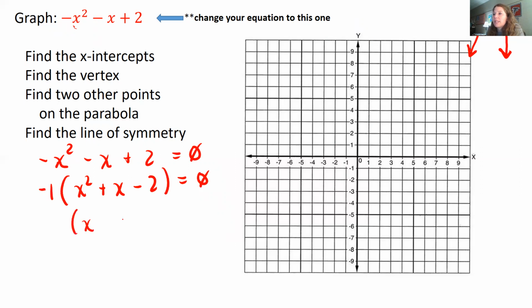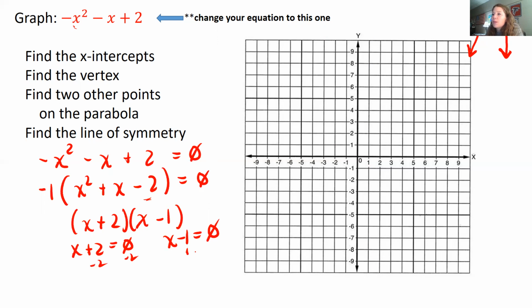This time I need two numbers that give me -2 when I multiply, but +1 when I add. So 2 times -1 is -2, and 2 plus -1 is +1. Now I set both of these equal to 0. When I subtract 2 and add 1, I solve for 0. So I find out my x-intercepts are 1 and -2. So x is 1 when y is 0, and x is -2 when y is 0.